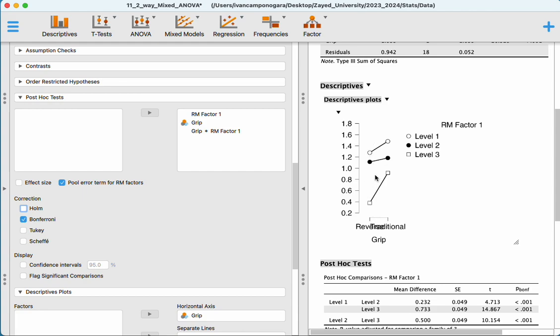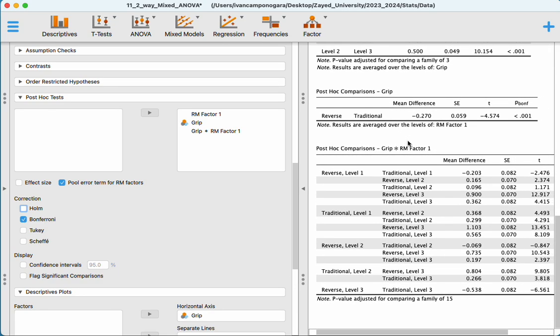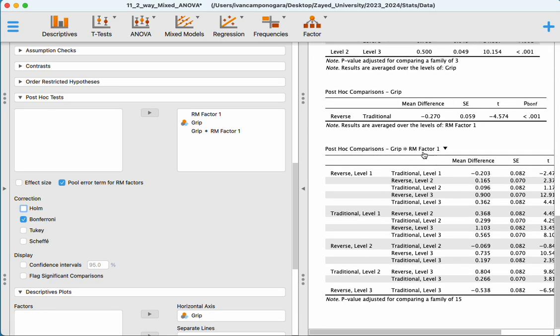Okay, so the average of these three values would be around here, and the average of these three values would be around here. So you will have a line here that says, oh, the reverse grip is lower than the traditional. Okay.